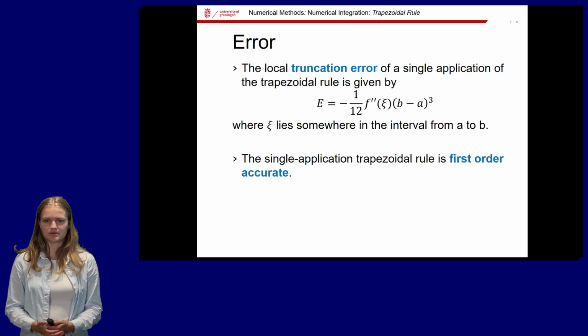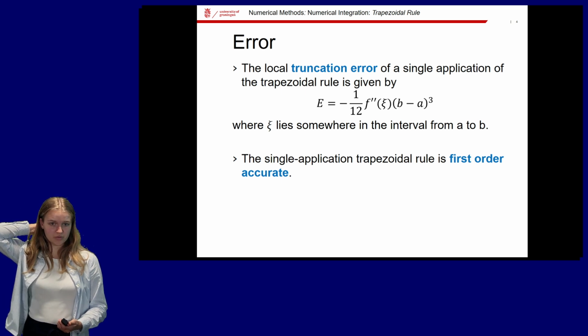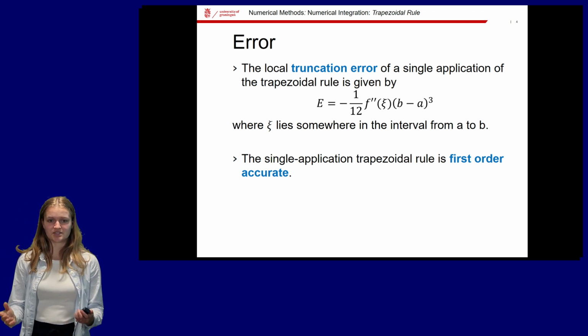This makes sense because in this case, if your second derivative is 0, you will have a function that is a straight line, and if you approximate it using a straight line, then there is no difference. However, if there is some curvature in the function that you want to integrate, you will have some error. But we can say in general this single application of the trapezoidal rule is therefore first order accurate.